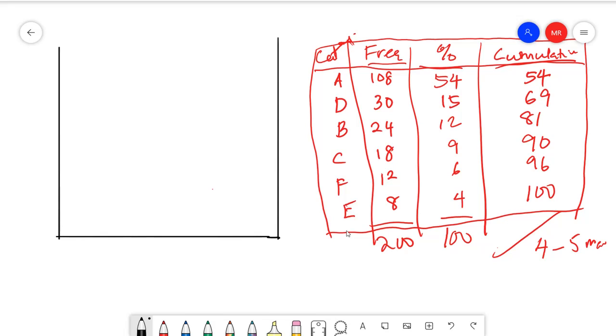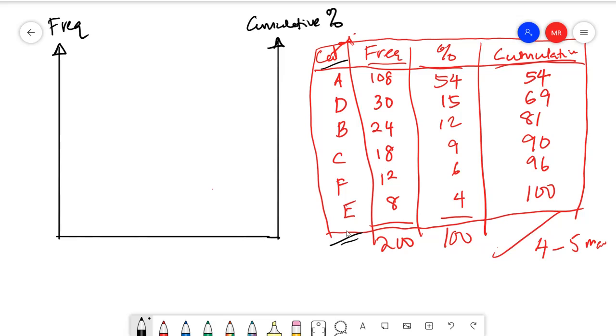We have three axes basically. On this side is the frequency, on this side is the cumulative percentage, and on this side are the categories or the reasons. So we put the first one.